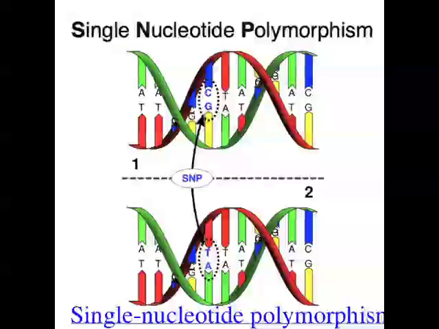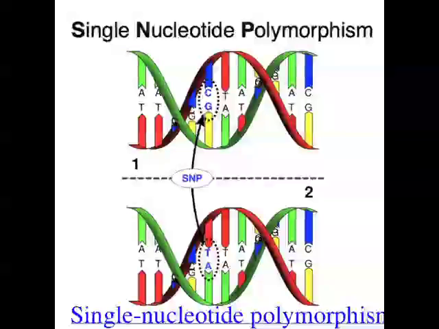Humans have quite a large genome, 3 billion base pairs, but humans are all different. In fact, many of the differences between one human and the next are found in things called single nucleotide polymorphisms, or SNPs. This is where one single base is different between one person and the next, and that might change the way one particular protein works, and then that'll change something in their physiology, or the way they look, or the way something works.